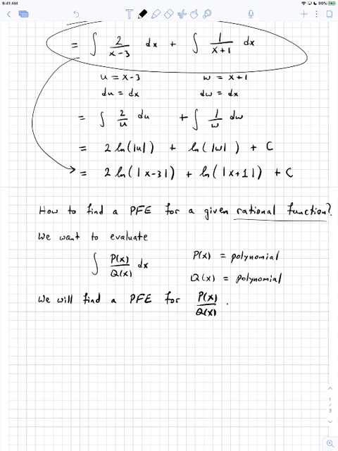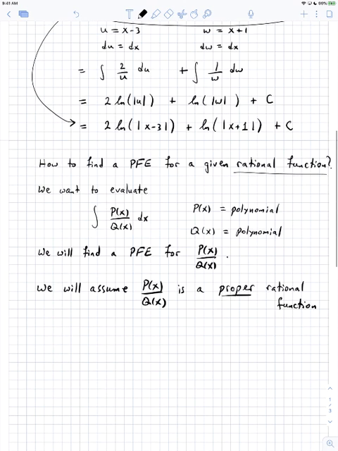Now, for the purposes of this, we will assume that p of x over q of x is a proper rational function. What is a proper rational function?